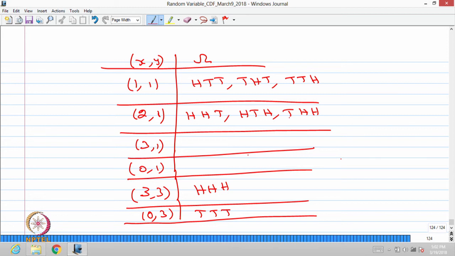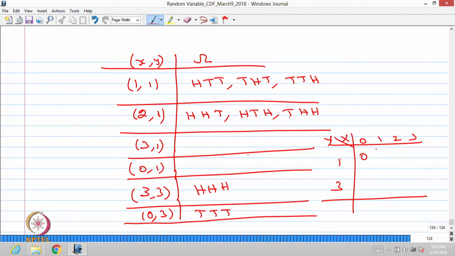That is, when x takes a value 0, 1, 2 or 3 and y takes a value 1 or 3, we can make a table. X takes a value 0, y takes a value 1, that is nothing, therefore the probability is 0. When x takes a value 1, y takes a value 1, that is 3 possibilities.